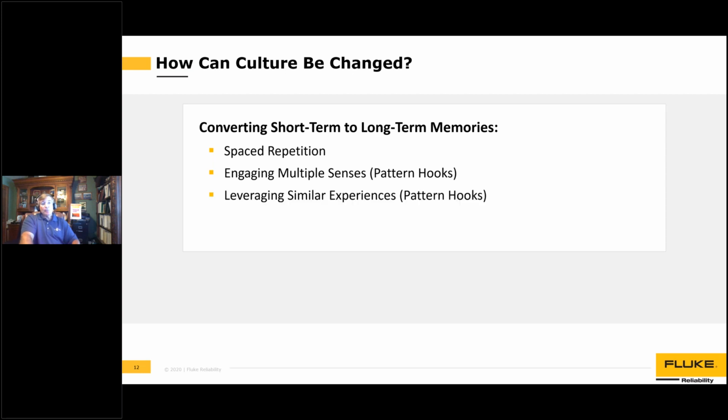The second example of pattern hooks is by leveraging similar experiences. So if you have a new CMMS and there is computer-based training, it gives you different scenarios and you can play in the sandbox and try different scenarios, and maybe there's a video or a booklet that walks you through each of the different scenarios that you're going to need for operating the software.